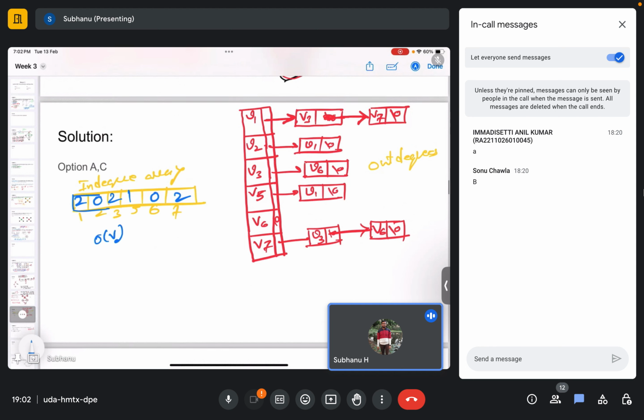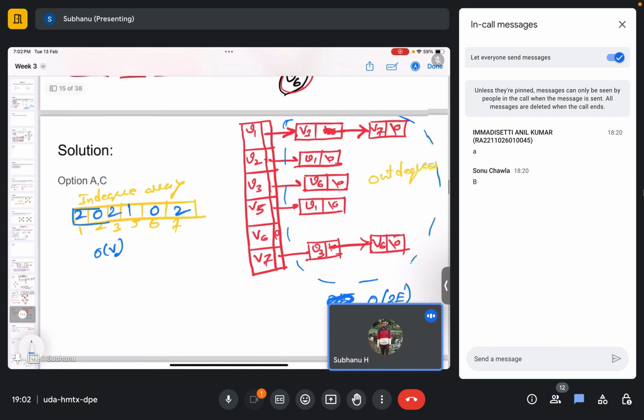The in degree array will be equal to the number of nodes, and for the other part, all are basically edges. How many can there be? There can be 2E, because any edge will appear 2 times. So basically order of V plus 2E, which comes to order of V plus E.